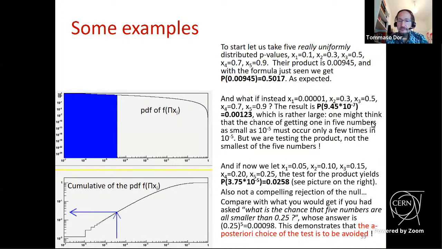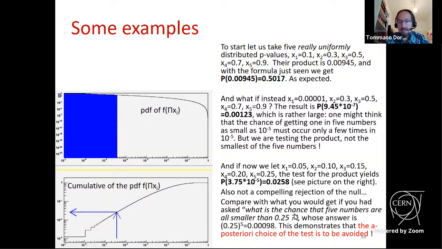Now, another example, if you let all of the 5 numbers be uniformly distributed between 0 and 0.3, something like that, so they are all small now, their product is also smallish, but not compellingly so. And you see, therefore, that depending on the kind of question that you ask to your data, you get different p-values from these different tests.